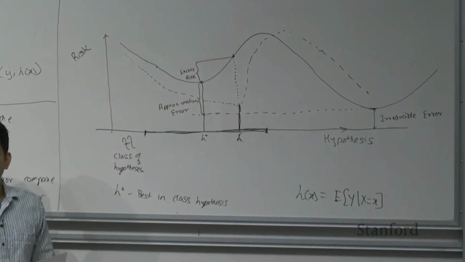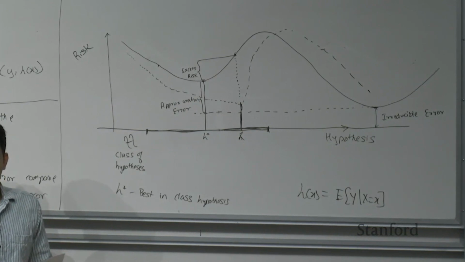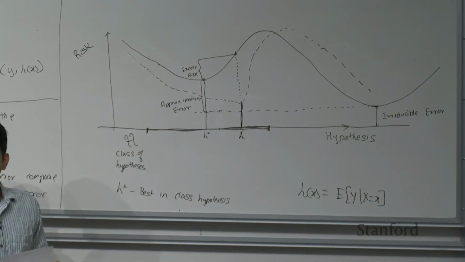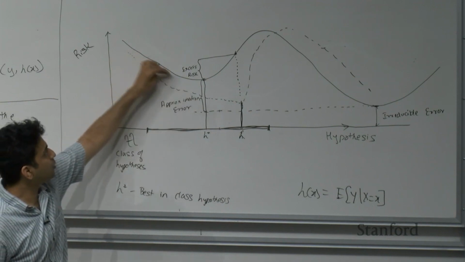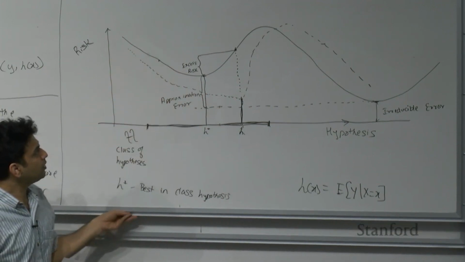And we want to come up with some kind of a probabilistic bound on how far apart the empirical risk function is from the true risk function.